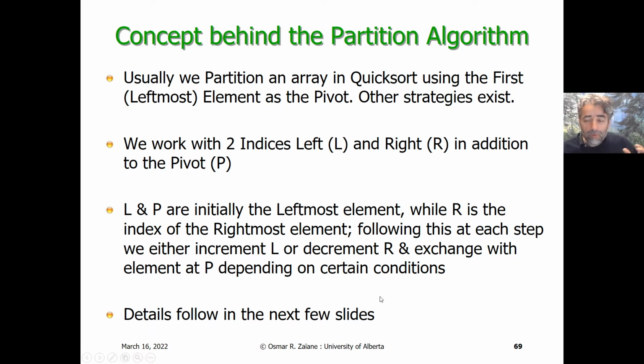Now we will alternate. I'll move the right index, and I will check every single element. If it's bigger than the pivot, then that's fine, it should be there. But if it's smaller than the pivot, I say you shouldn't be there, and I'll swap it with the pivot.